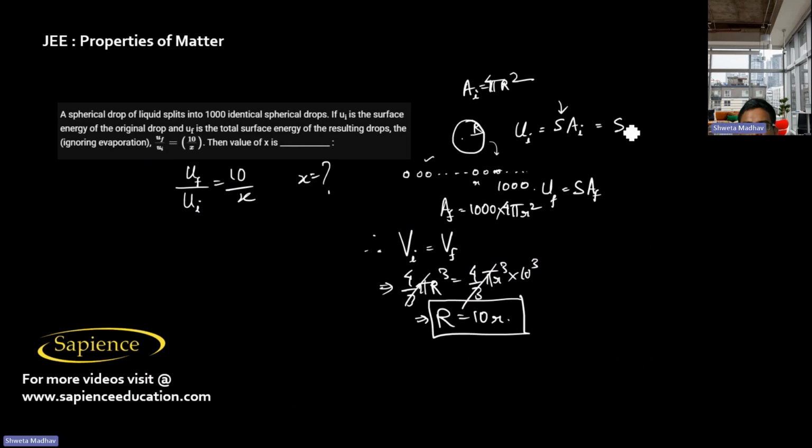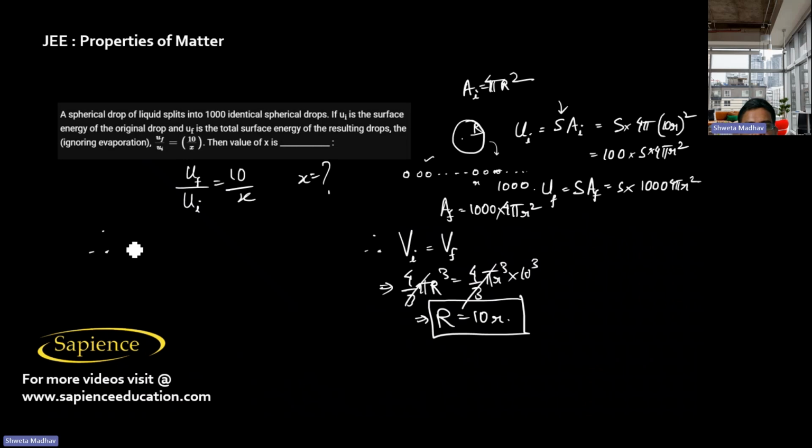So I can write S into 4 pi into R square, R is 10 r whole square, which is equal to 100 into S into 4 pi r square. And the final surface energy is equal to S into 1000 into 4 pi r square.